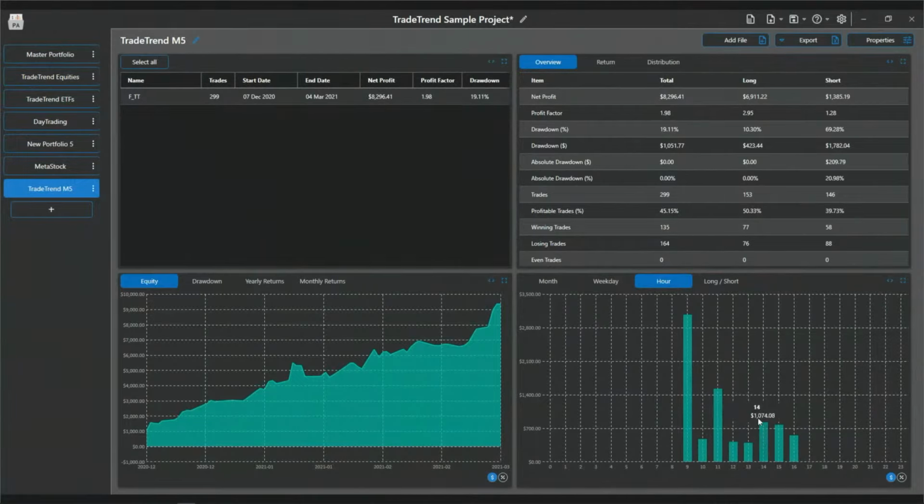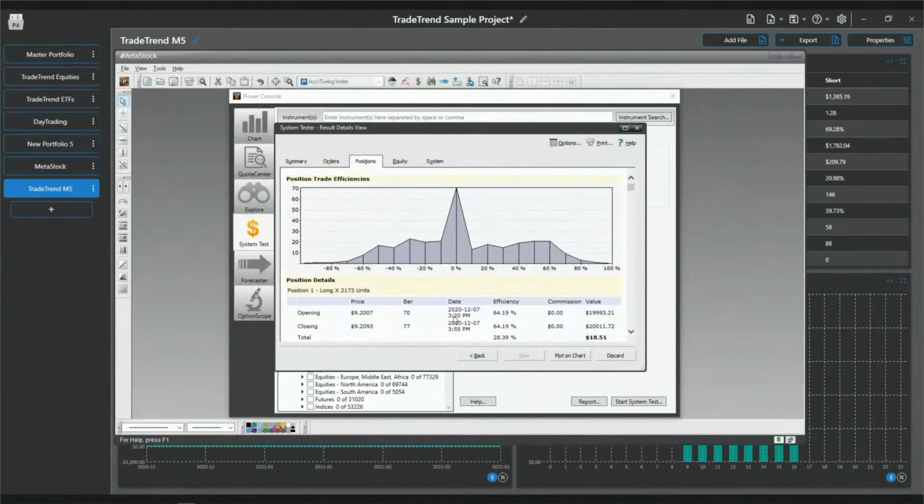But if it occurs in the opening hour of the market, it is more likely to have a successful trade. This is something that you can find out very easily with Portfolio Architect, in conjunction with MetaStock, which will generate all these back tests for you, and of course with Trade Trend.